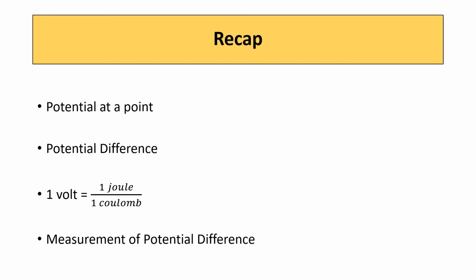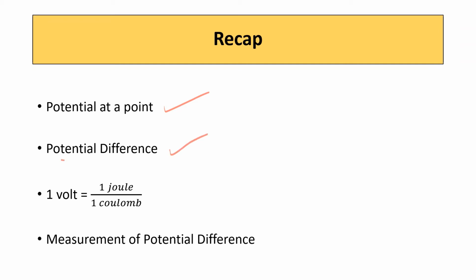In this session, we learned about potential at a point, potential difference, the unit of potential difference and how you measure this potential difference. Potential at a point is defined as the work done in bringing a unit charge from infinity to that point, whereas the potential difference between two points is defined as the work done in bringing a unit charge from that point to the other point.